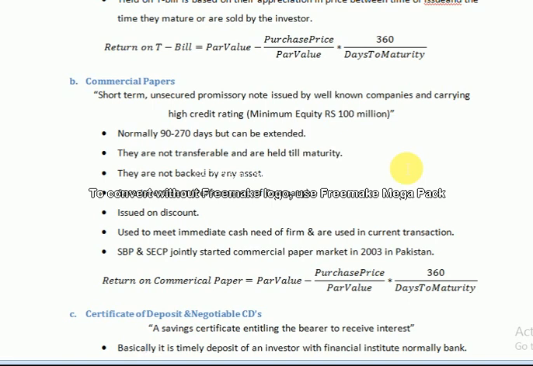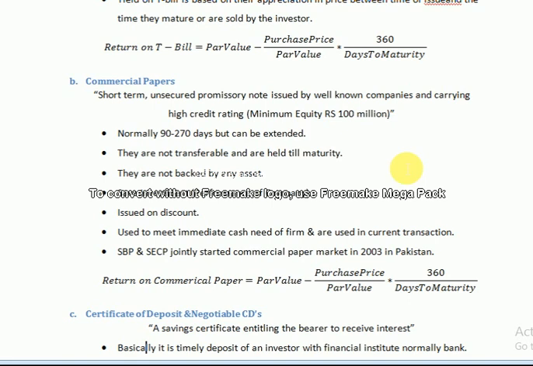So all these three are debt instruments issued by government to generate funds, number one. Number two, these are debt instruments. Number three, they are issued by government to generate finance, and the difference between these three is the time period, their maturities. So hope now you understand the difference between T-bills, T-notes and T-bonds.